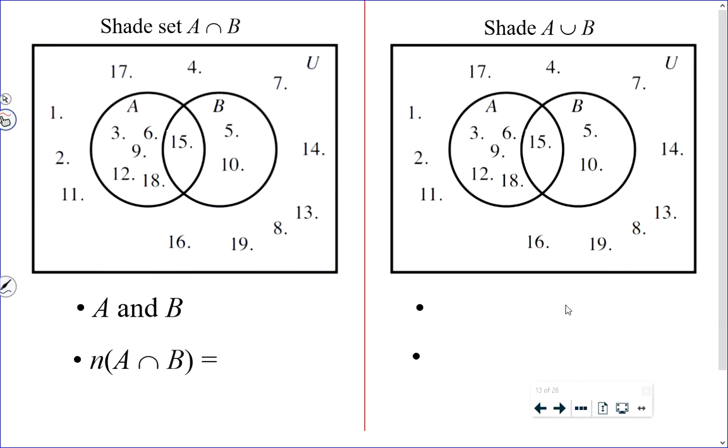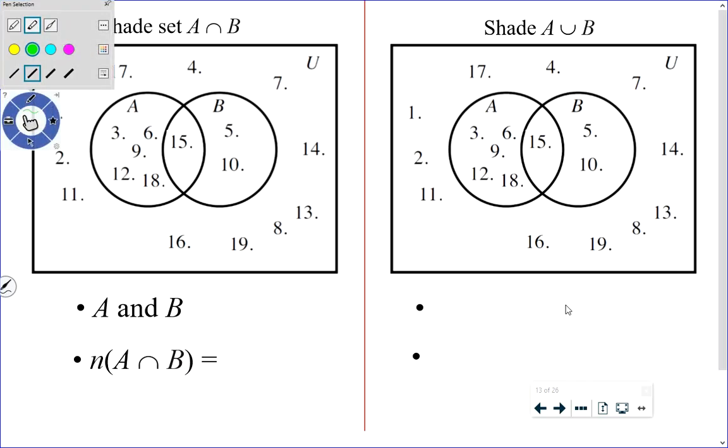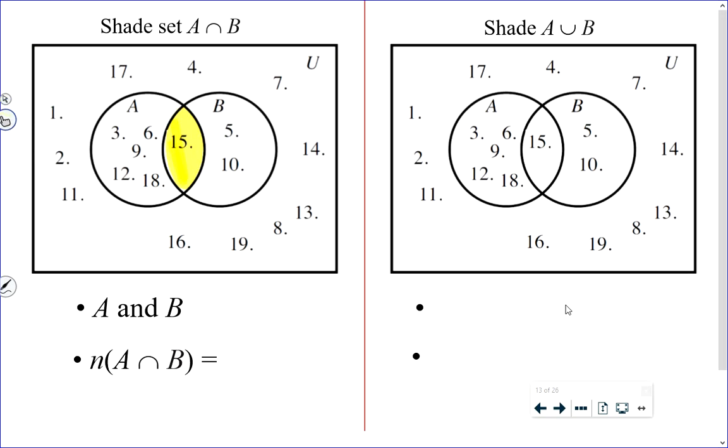What about the intersection of A and B? Well, I've talked about this enough that I believe you should know this. The intersection of A and B means it's in set A and in set B, which means it's where they intersect. That's what the word and means.